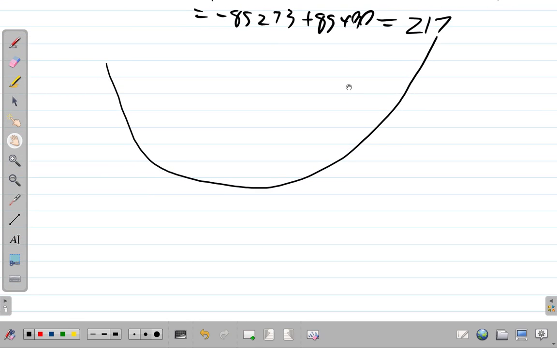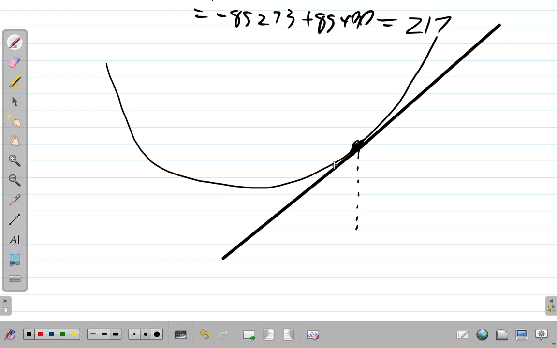Now, at 50, let's say this is 50. When you draw the tangent line to that graph, so this is our tangent line, and 50 is here, you're finding an accurate value.